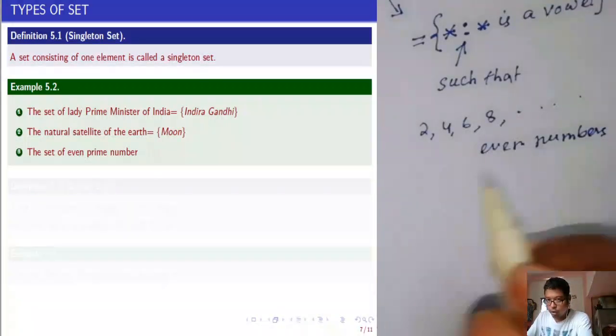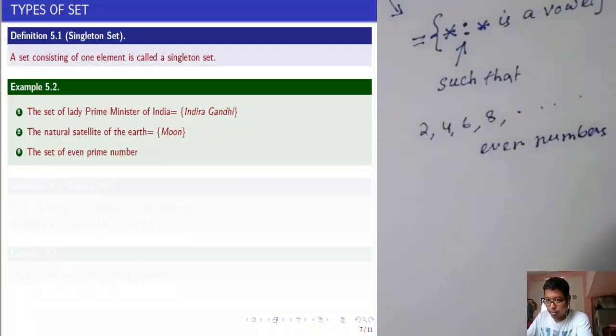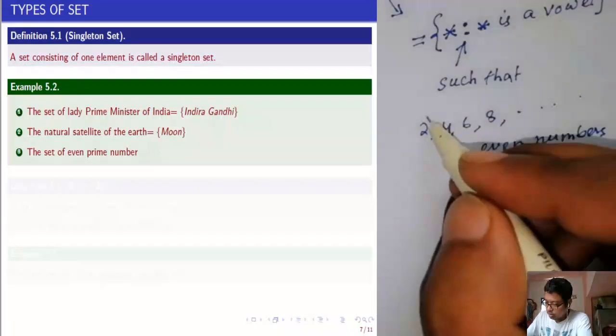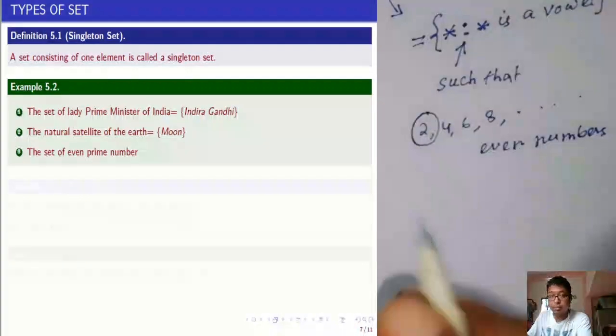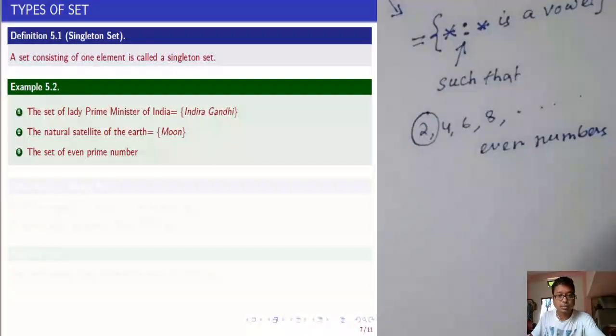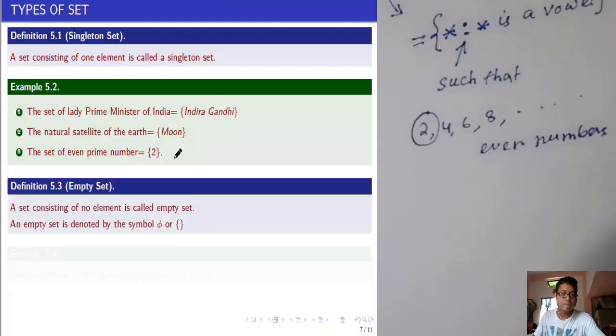But out of all these even numbers, only one prime number is there. Can you tell me which one? 2 is the only even prime number. If you observe all these sets, each contains only one element. That's why these are singleton sets.